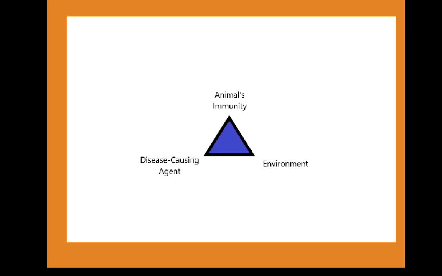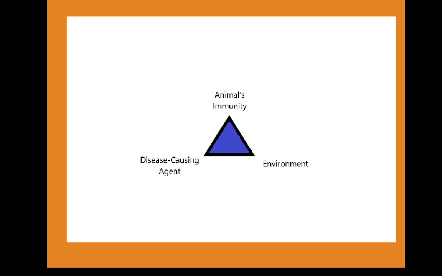So then, how is the animal's immunity related to the environment? If the environment where the animal is in is good or is viable for its growth, then it is not stressed. If the animal is not stressed, then its immunity is high.